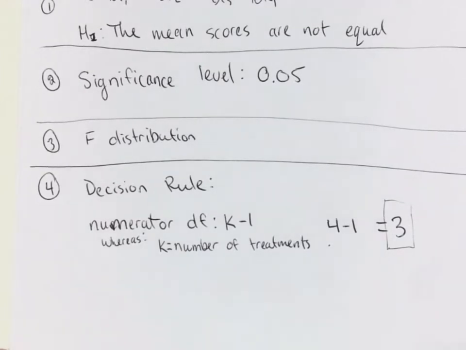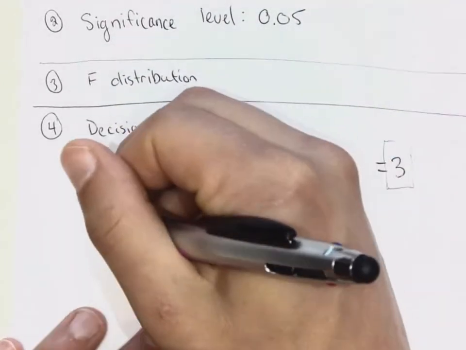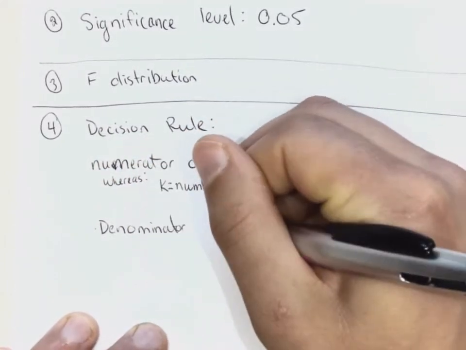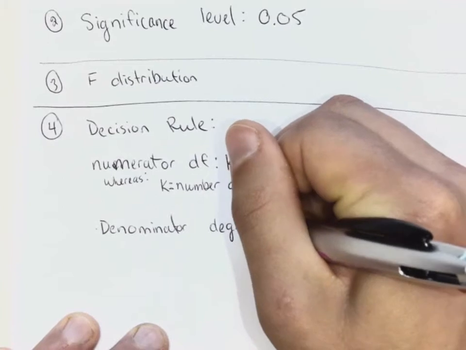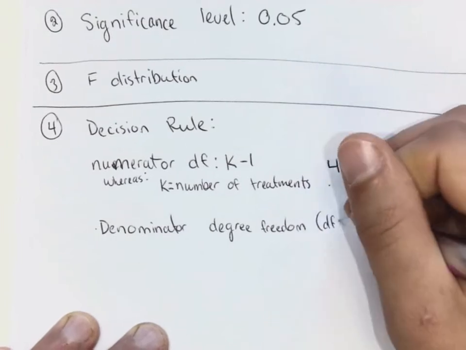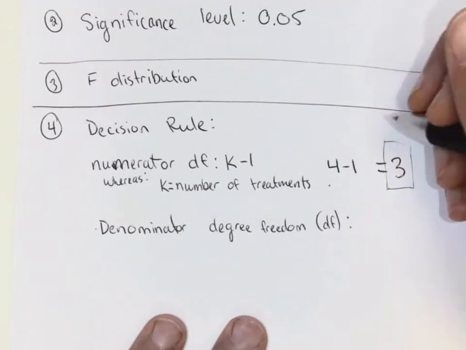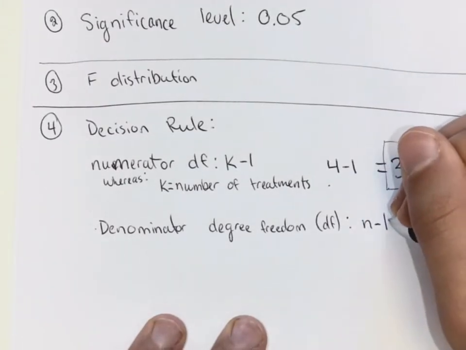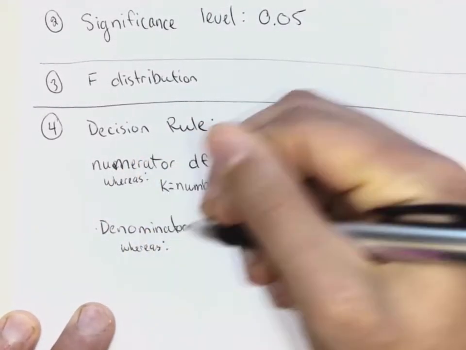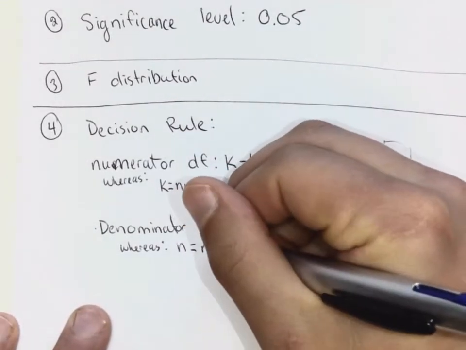Our denominator degree of freedom is n minus k, where n equals the number of observations.